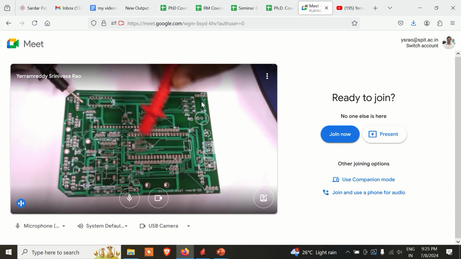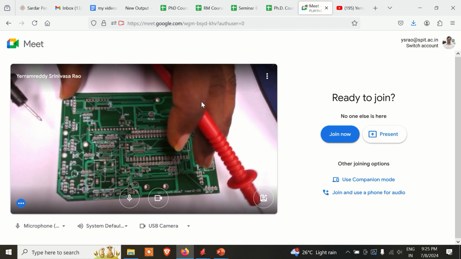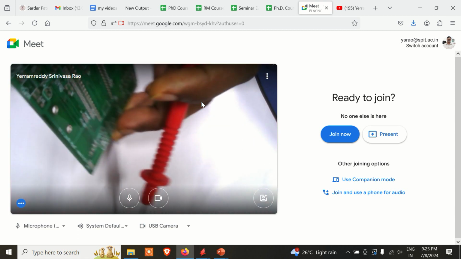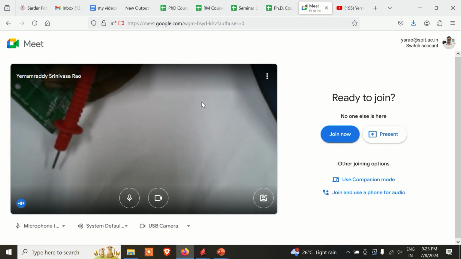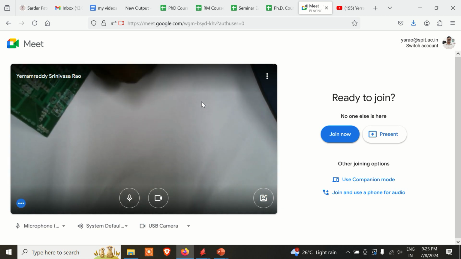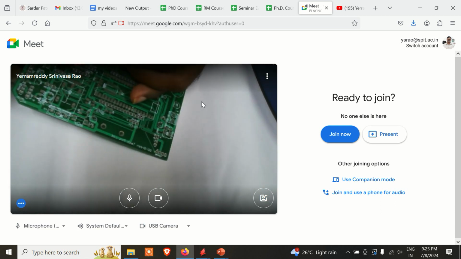If you have time, check every track continuity, every pad from top to bottom. For example, check if a pad is conducting from top to bottom, because sometimes even the plated through hole may not conduct. I'm just checking from the top to bottom.